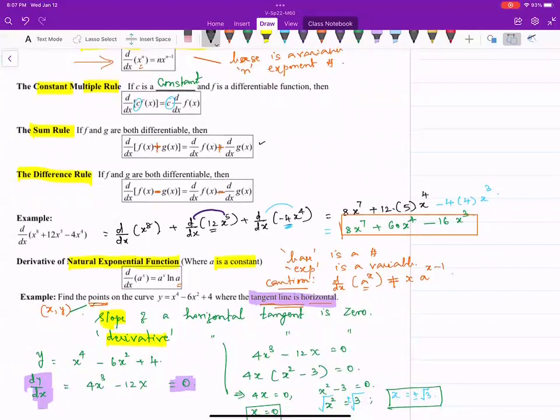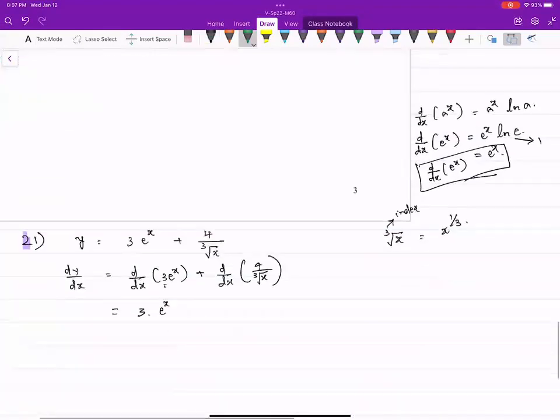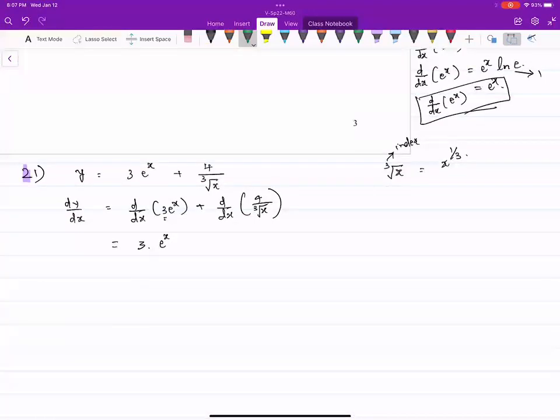Along with this definition, the derivative of a to the x, which is a to the x ln a, we can make a note that the derivative of e to the x is a special case of this, where a is e, so it becomes e to the x ln e, but ln e is equal to 1. So the derivative of e to the x is e to the x, which we will be using quite often in our problems. So it is 3, derivative of e to the x is e to the x.